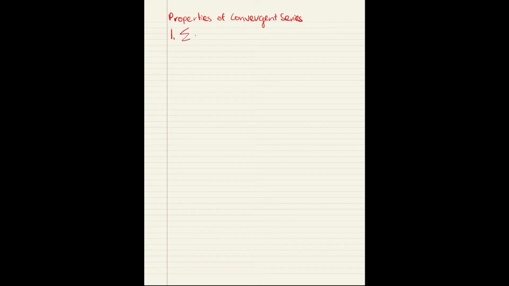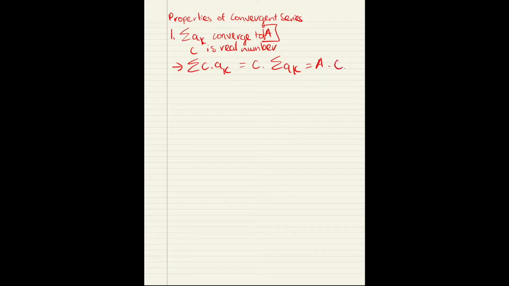If the series of ak converges to A and c is a real number, then the series of c times ak equals c times the series of ak, which equals A times c.